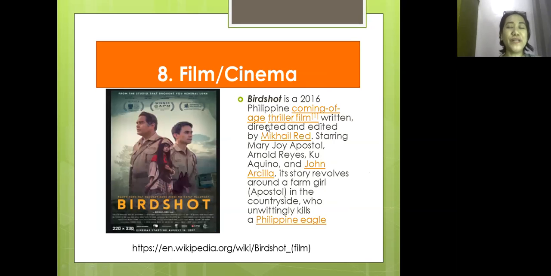The last one would be the film Birdshot. Okay, so it's an indie film and it's done in a Philippine setting. And it's also very nice because the stage production, the actors, the performance elements are very natural, and it's actually a mixture of Western and Asian setting.